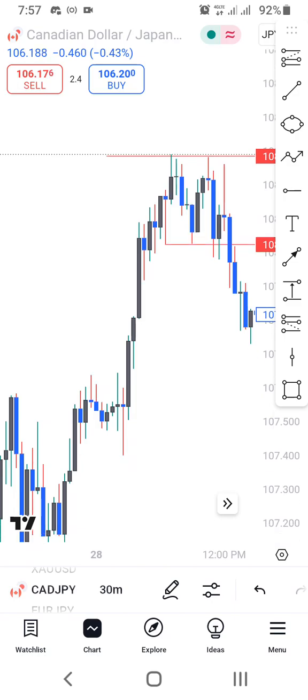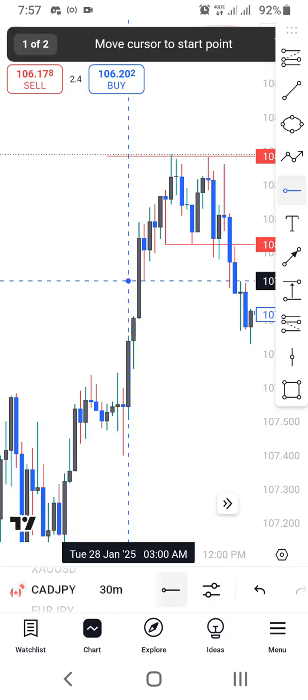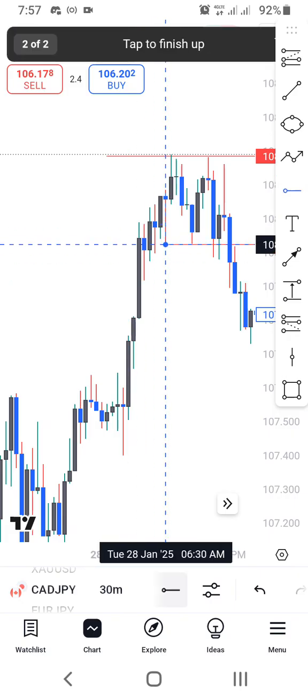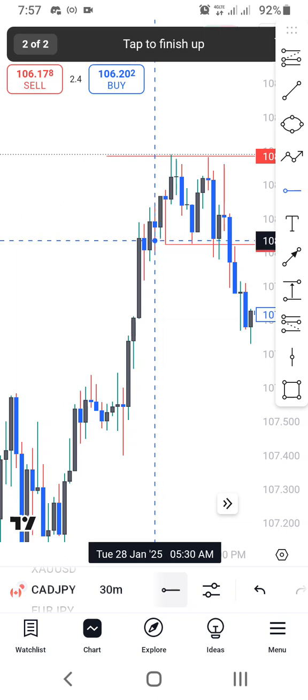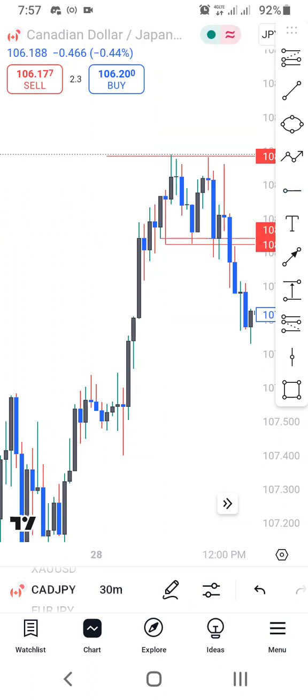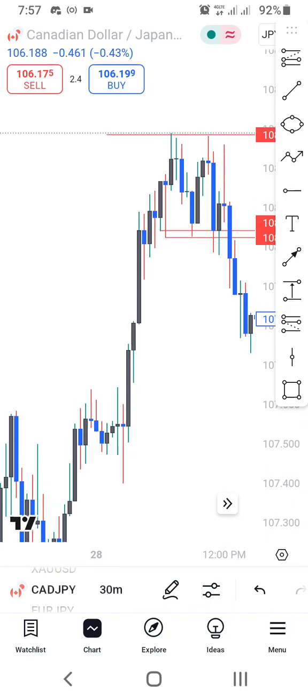So now we have got the liquidity here. You can refine to M5, but I will just use this low, that one of that candle.